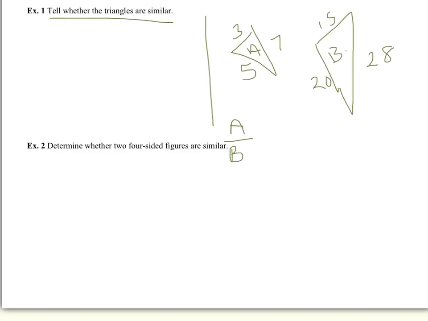Again, I like to look for my longest side. On this triangle, I see the longest side is 7, and the longest side is 28. So the longest sides are 7 to 28. For the shortest side, the shortest side on A is 3, and the shortest side on B is 15. So I'm comparing 3 to 15.